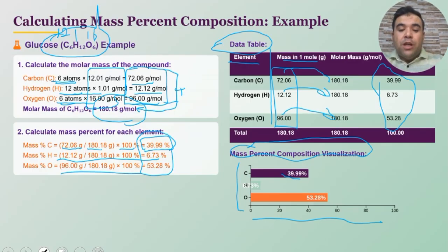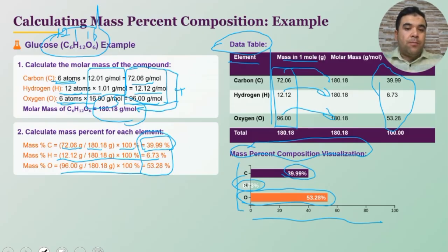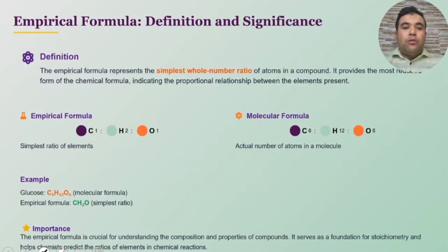Carbon is 39.99%, and then hydrogen is 6.73%, and oxygen, you can see it's 53.28%. If it asks which one has the greatest percentage, of course oxygen, and the hydrogen is the least composition in the glucose.